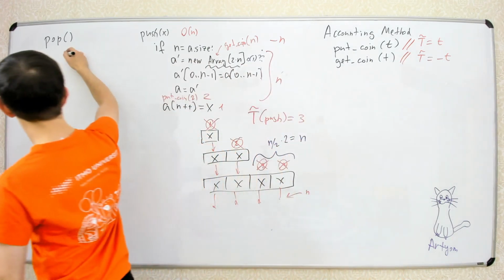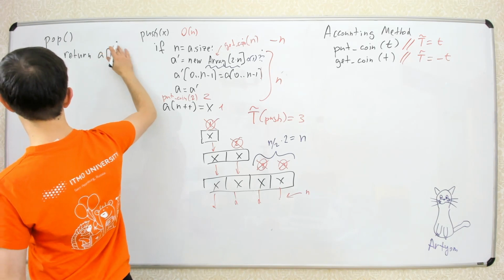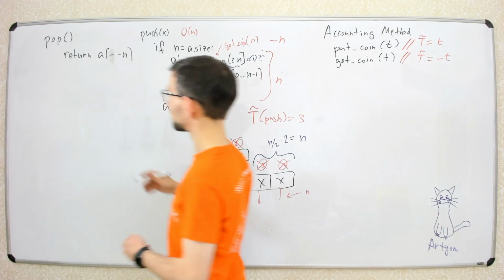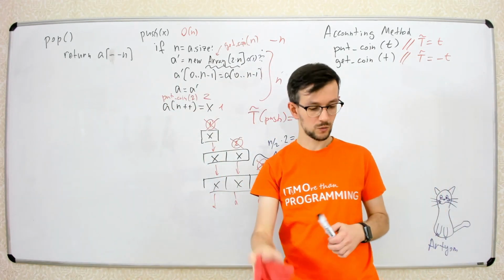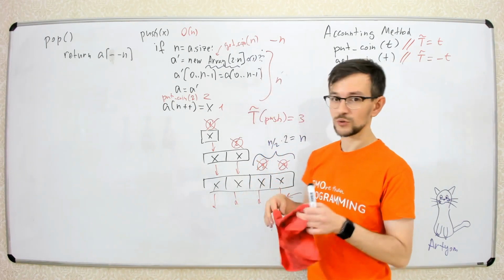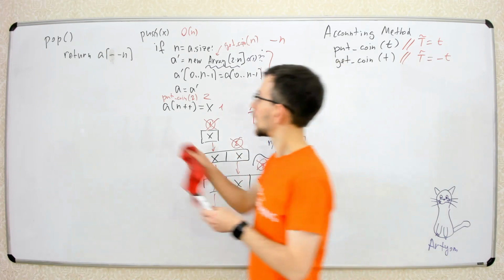So you can just say top minus minus, like this, and it will actually work. So you just take the last element, remove it from the array, and so on.